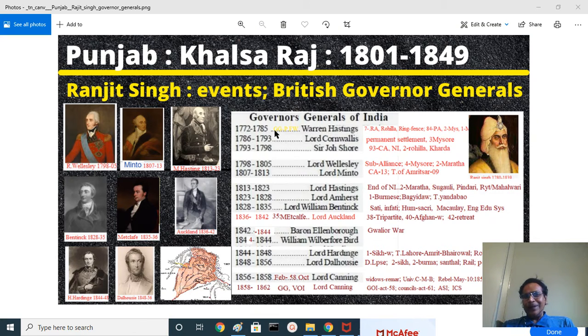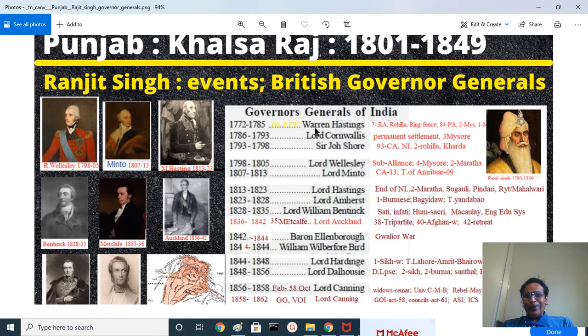Even Warren Hastings was not the Governor-General during Ranjit Singh's time, as I have mentioned here. So I look at Warren Hastings, Lord Cornwallis, Shore, and Lord Wellesley. And the real story starts with Lord Minto, where the Maharaja came in direct contact with the increasing British East India Company Sarkar's domains close to Delhi territory, south of the Sutlej River.